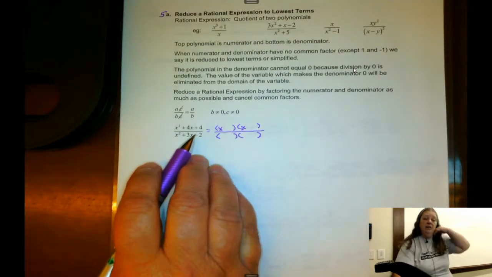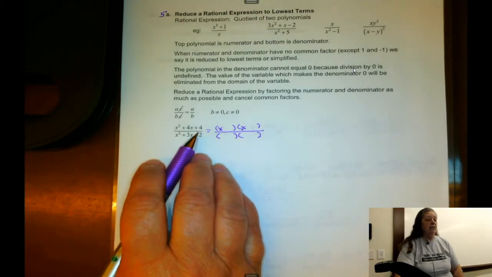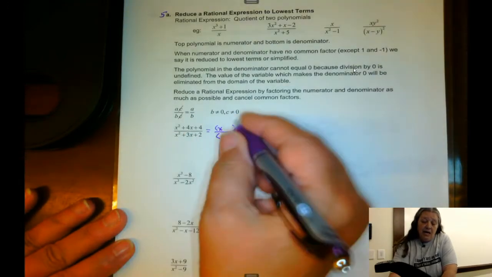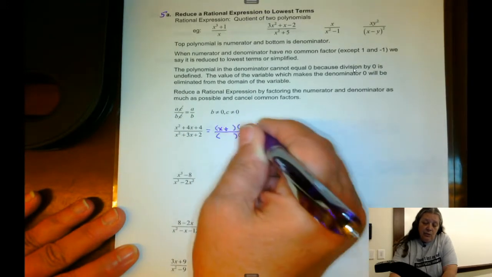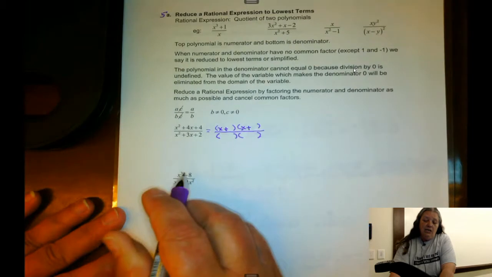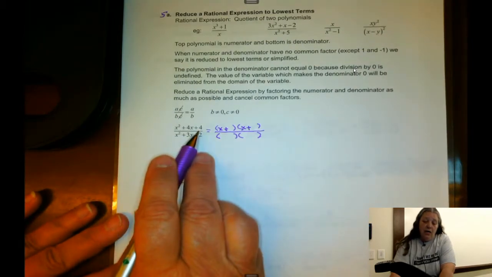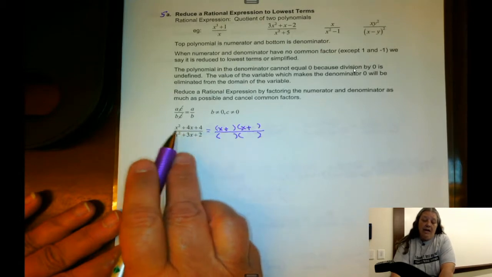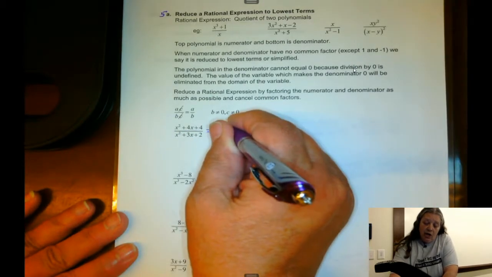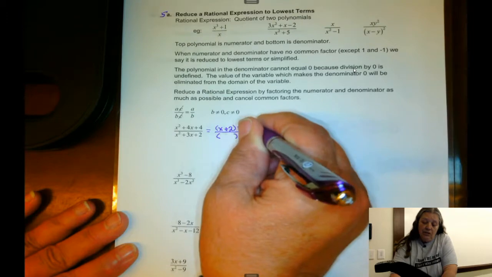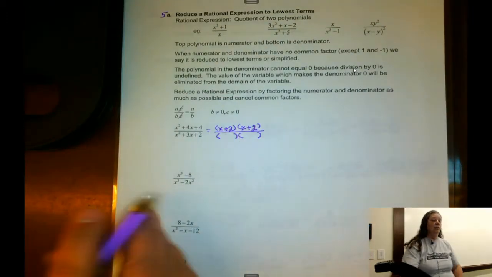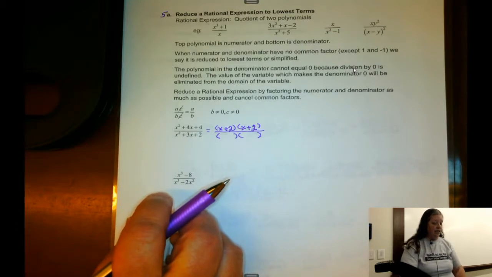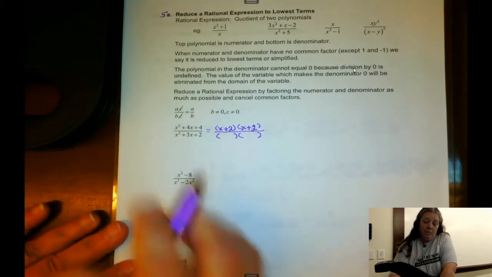Now we want two numbers which when multiplied give us 4 and when added give us a positive 4. They're both positive, so we have a plus in each of the binomials. The only numbers that work are 2 and 2. So the factored form of x squared plus 4x plus 4 is x plus 2 times x plus 2.